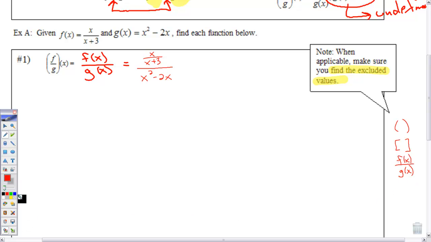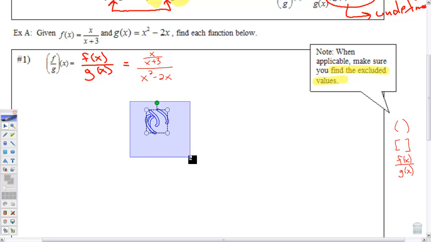The reason that I'm pointing this out: when you substitute for an entire numerator or denominator, you do not need these parentheses. If you're substituting for part of the numerator or part of the denominator, then you should have the parentheses. We're not doing that. If you want to put them there, you can. It doesn't hurt anything, but it is unneeded.